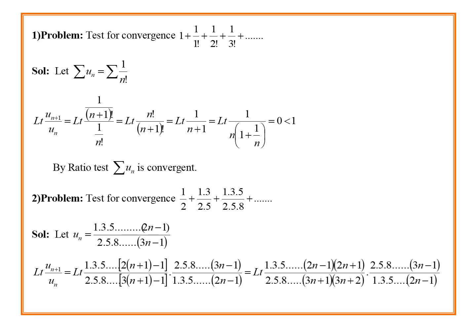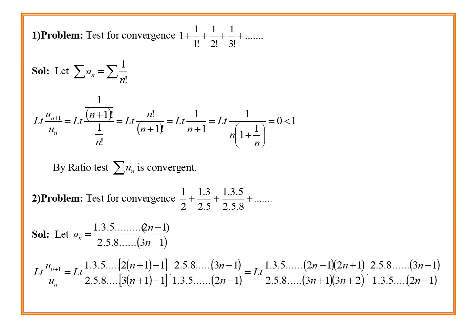That can be written as limit n factorial by n plus 1 factorial, so we can simplify, we get limit 1 by n plus 1, which is equal to limit 1 by, in the denominator taking n common, 1 plus 1 by n. So limit of 1 by n value, what is that? It is 0. So limit u of n plus 1 by un equals 0. Here the L value is 0, which is less than 1. By the ratio test, our series sigma un is convergent.